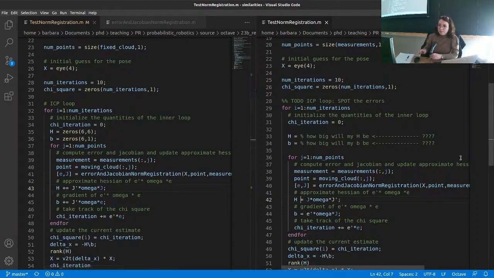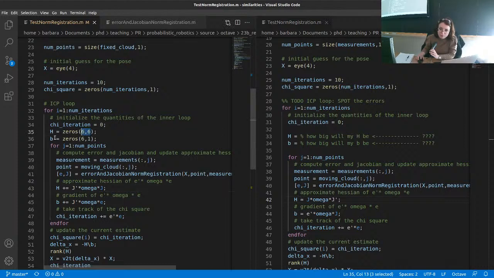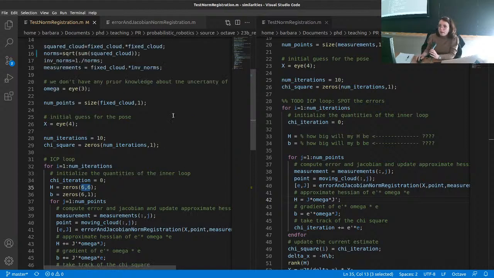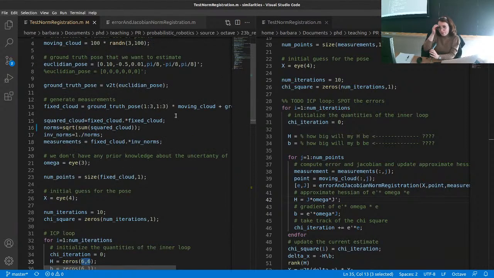But at least you should be confident with the theory. For example, you should be confident with the dimensions of H and B. Okay. So, if you do not have any complaints, then you can move on to the error and Jacobian.